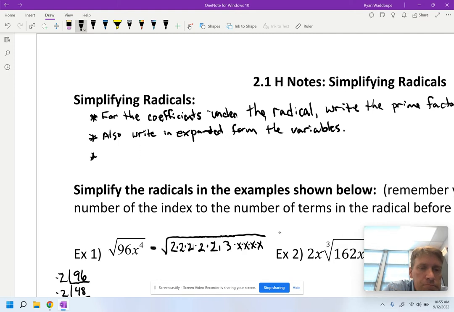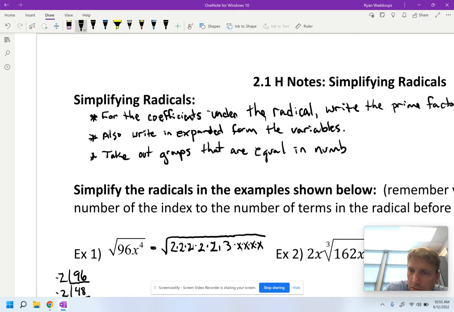Then take out groups that are equal in number to the index of the radical.